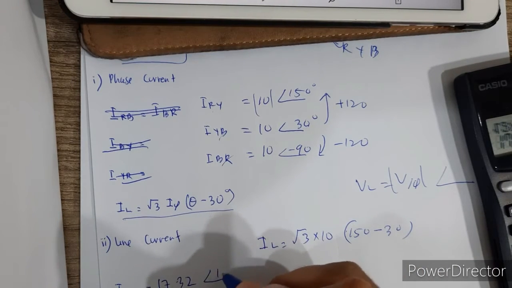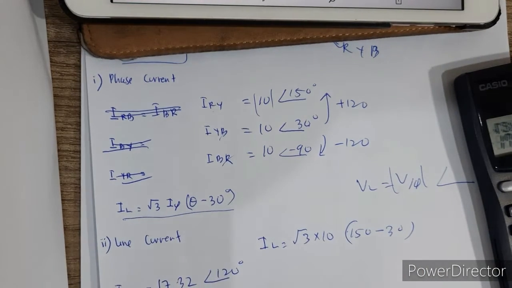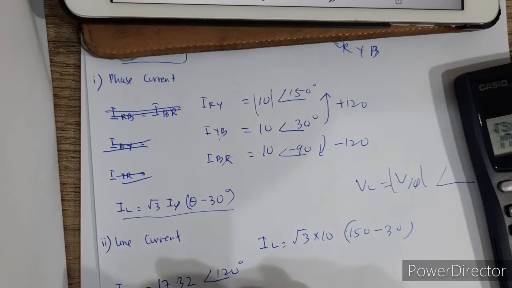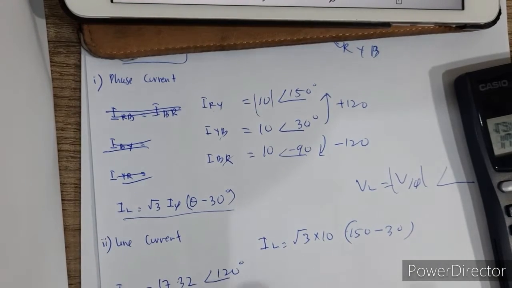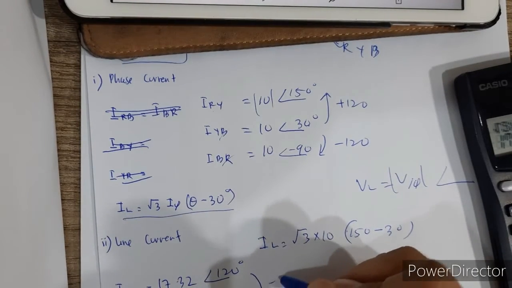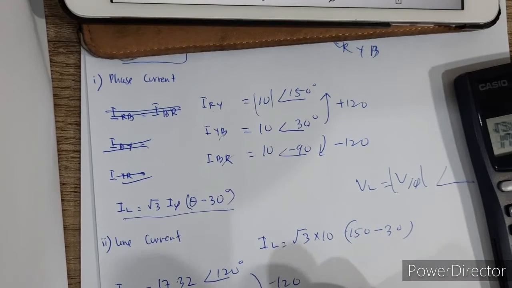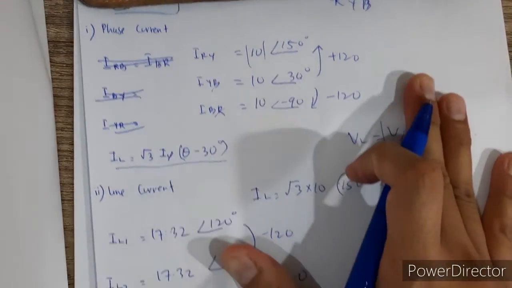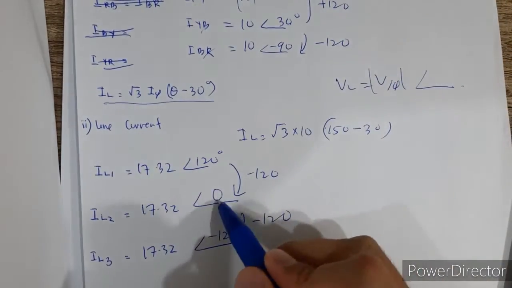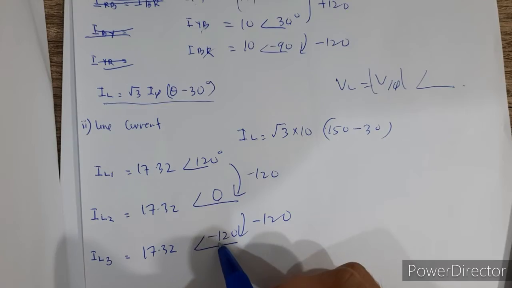So the angle is 120. Okay, so this is the current for IL1. So similar magnitude for IL2 and IL3 because of balanced and positive sequence. Okay, going down we minus 120, this one is minus 120. So this is 0, this is negative 120.